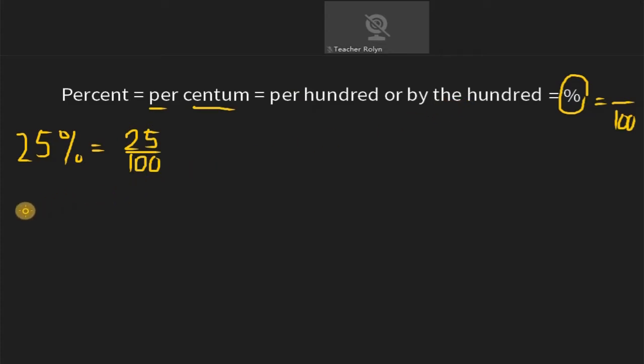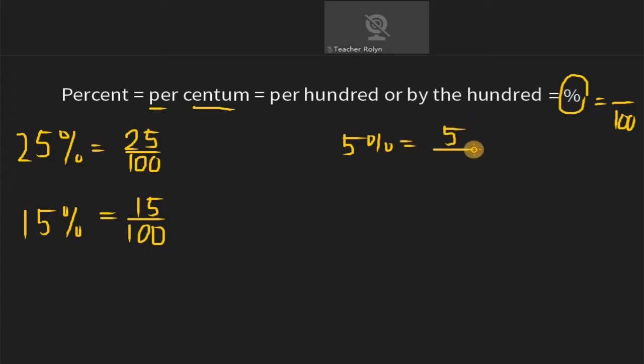So if we have 15%, then that is 15 over 100. Or if we have 5%, that means that is 5 over 100.